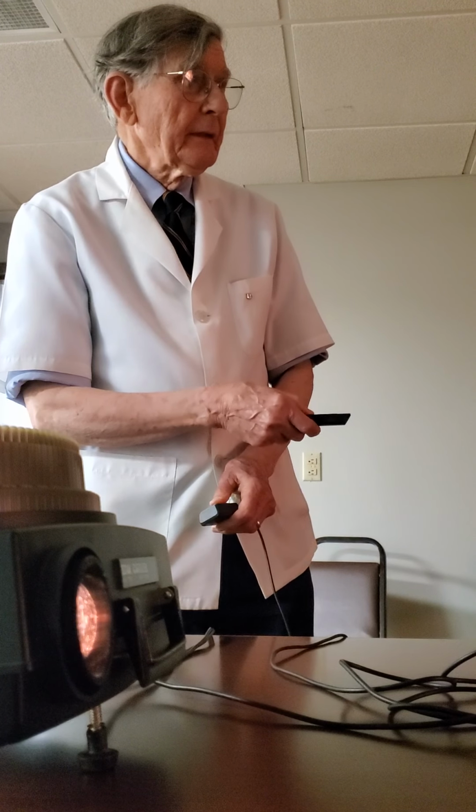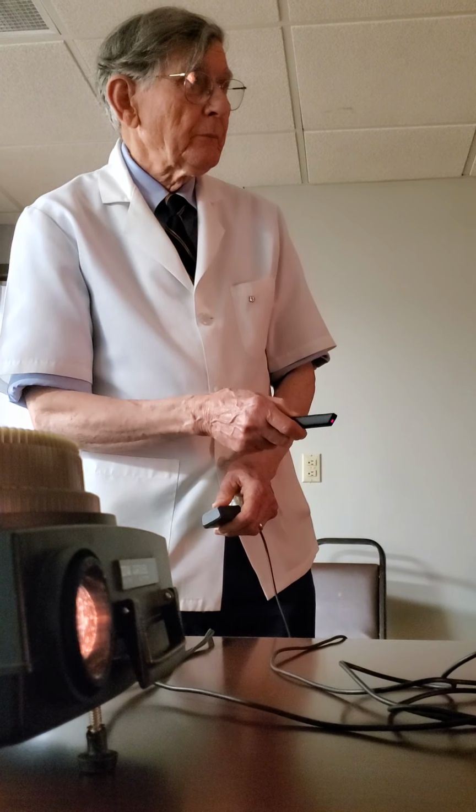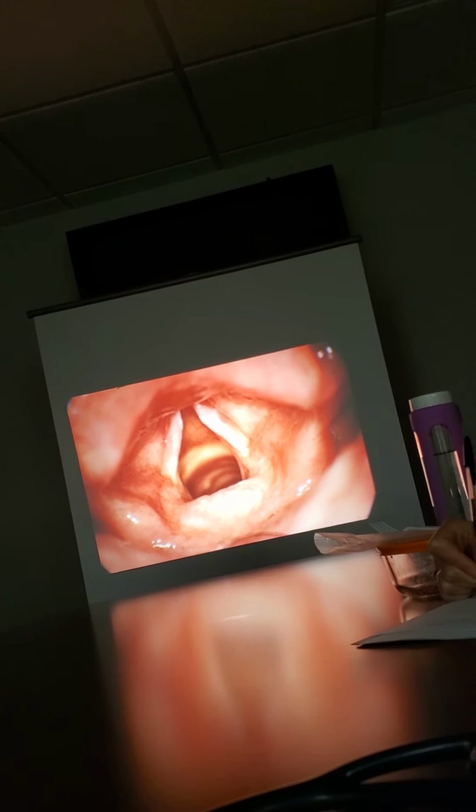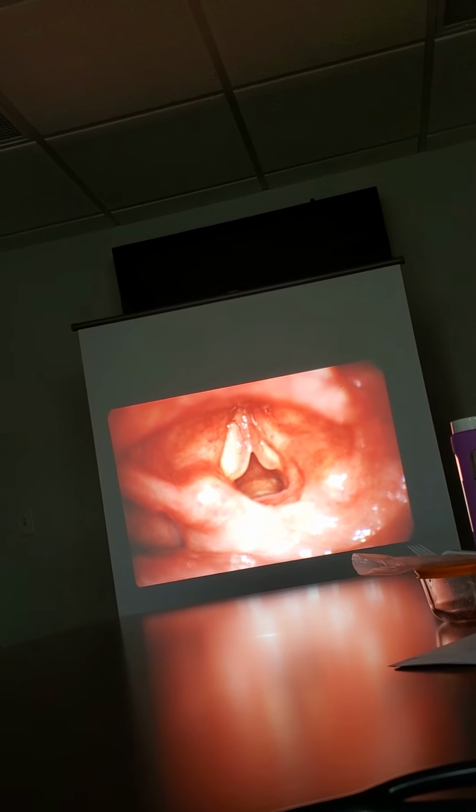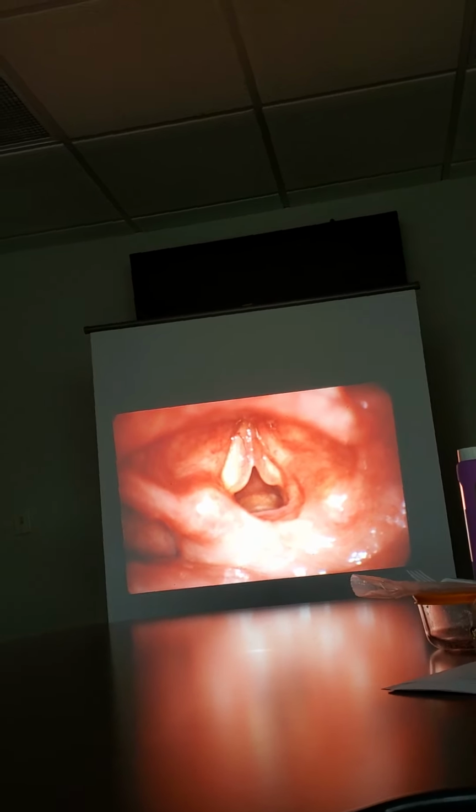Here again, not only nodules, but you see some surrounding chronic inflammation as well in this particular photograph. This is referred to as polypoid degeneration of the vocal cord edges.